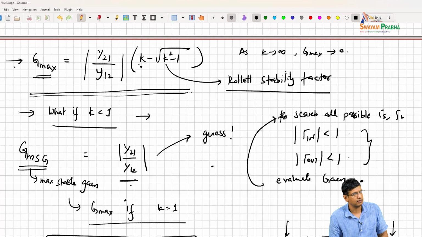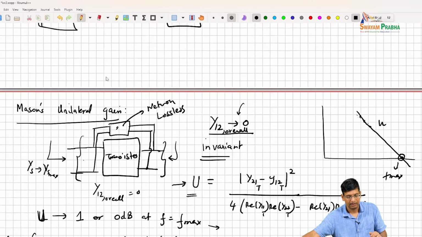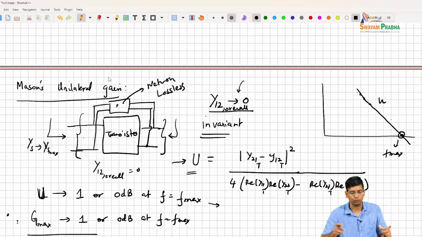Does that make sense? So yeah, this is a question that comes up, which is that if I make the device unilateral, y12 goes to 0, and then this blows up. But that is conflating two things, right? This is the network, and in the network you are making y12 0.